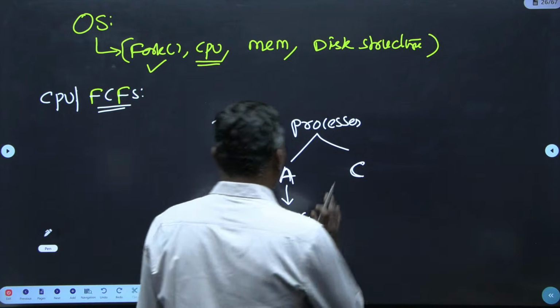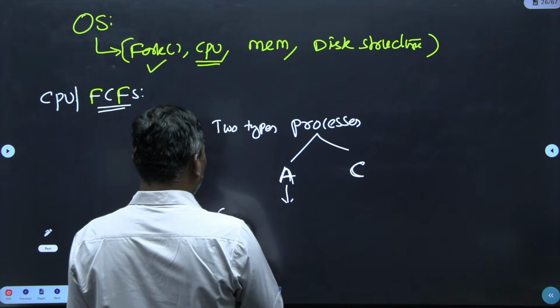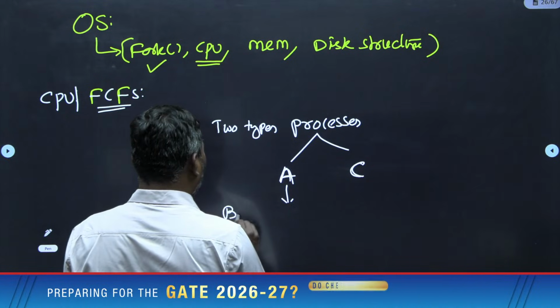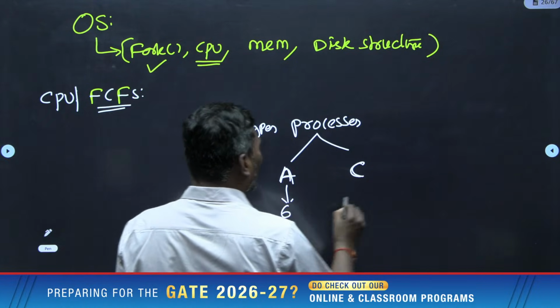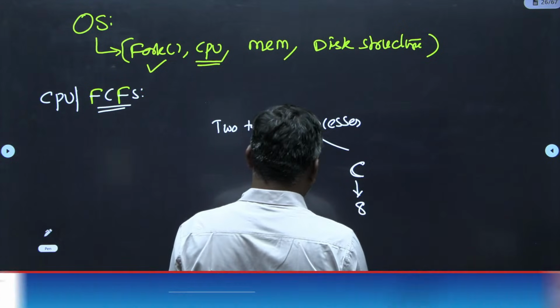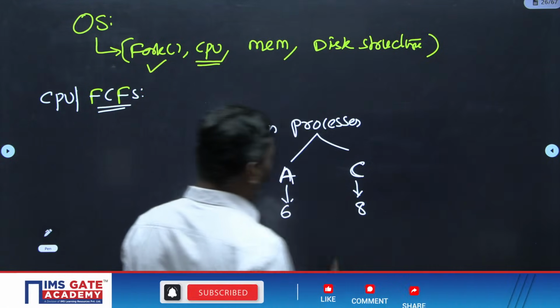You understand now? I'm writing now. So A, burst time, I'll simply write. Burst time A will take 6. So C will take 8 seconds. Getting my point now.